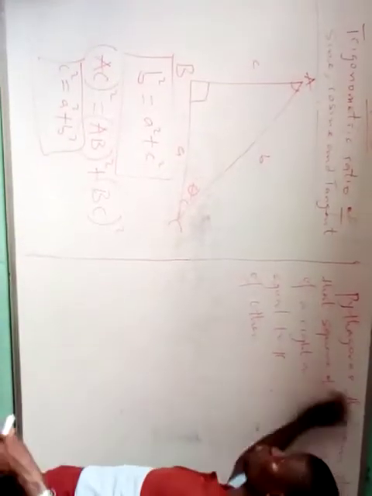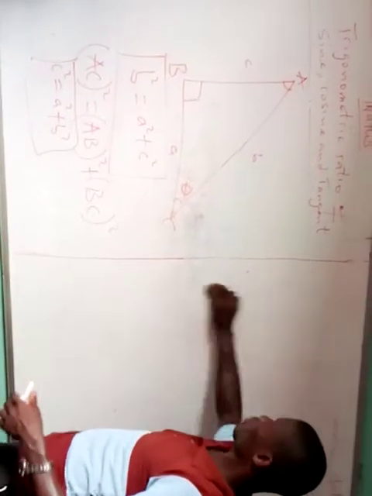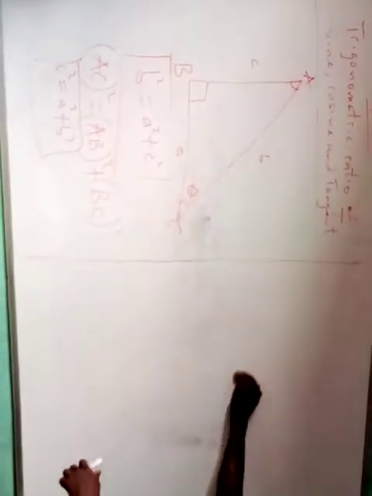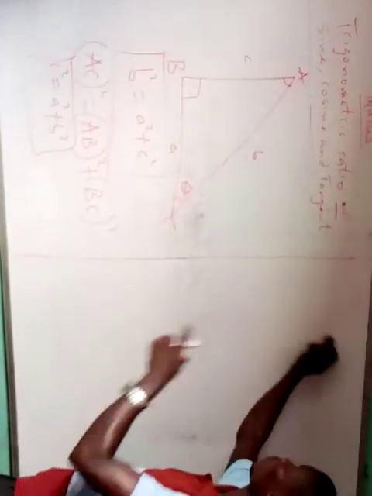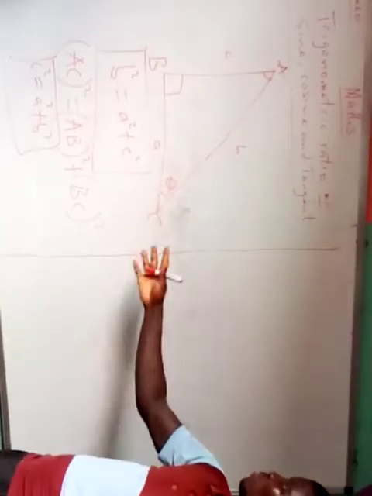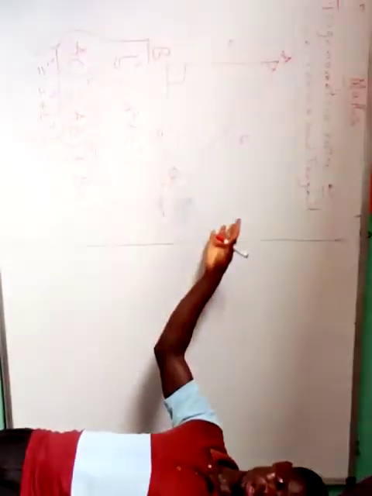B square is equal to A square plus C square, particular to this right angle triangle that we have on the board. So with this formula, we can use it to achieve any purpose.